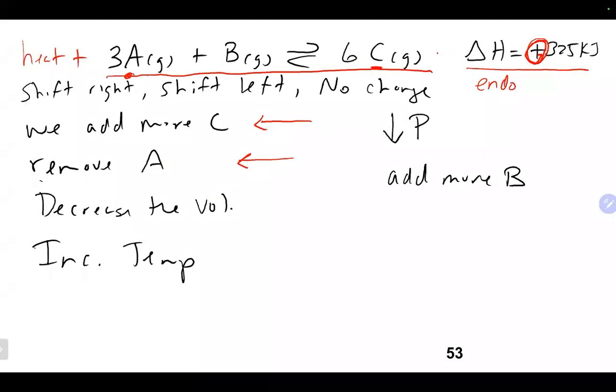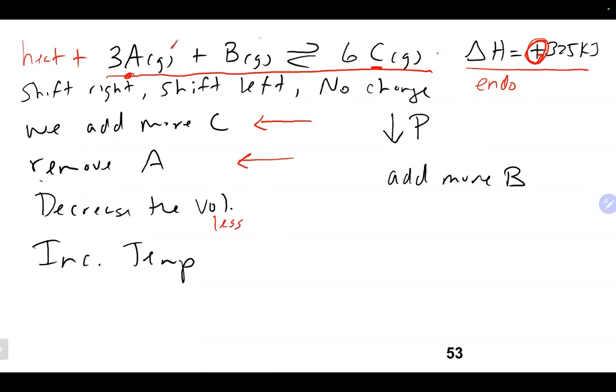If I decrease the volume, which way are we going to go? If I decrease the volume, that means the pressure should go up, because we have a smaller volume. So do I want more or less gas molecules in the smaller volume? I want less. We have to look at the equation to see which side has less.